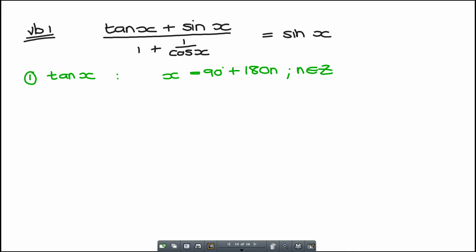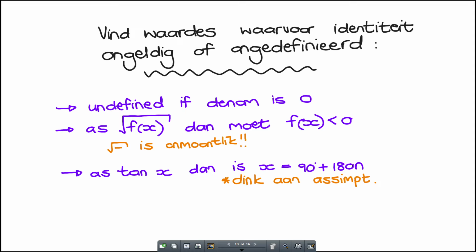Okay. Then, the second thing was van die vierkantswortel, but we don't have a square root there. Okay, so let's look at the first arrow. It says undefined if denominator is 0.